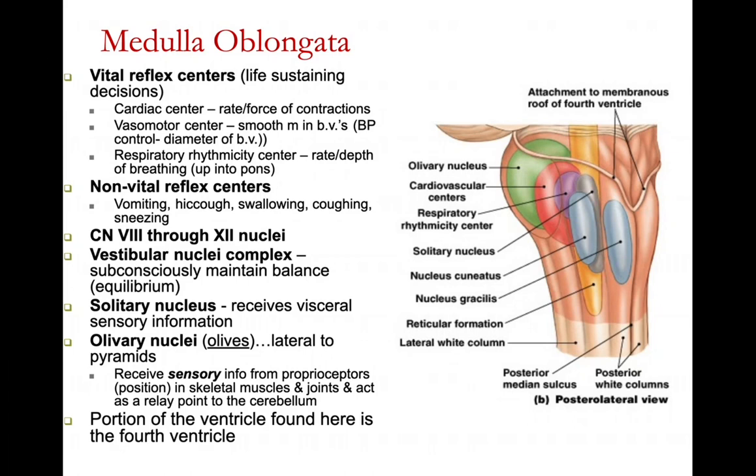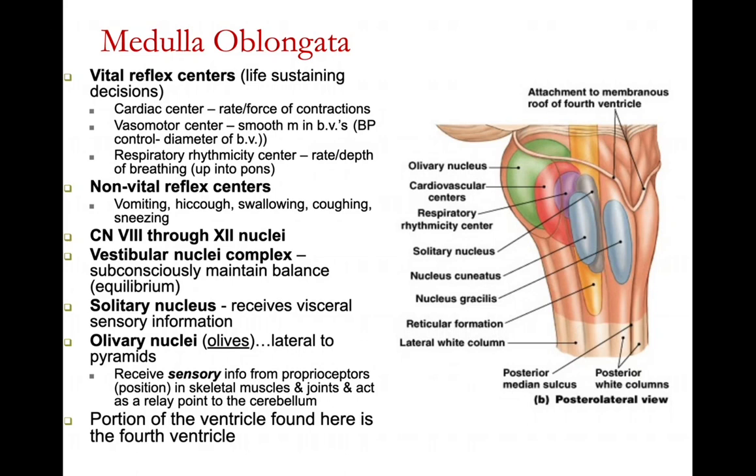And then we have some non-vital reflex centers: vomiting, hiccups, coughing, swallowing, sneezing. So if a person has an upper cervical injury, sometimes they will have vomiting that will go with this. That is why. Cranial nerve 8 through 12 nuclei. The vestibular nuclei complex will help to subconsciously maintain your sense of balance or equilibrium.